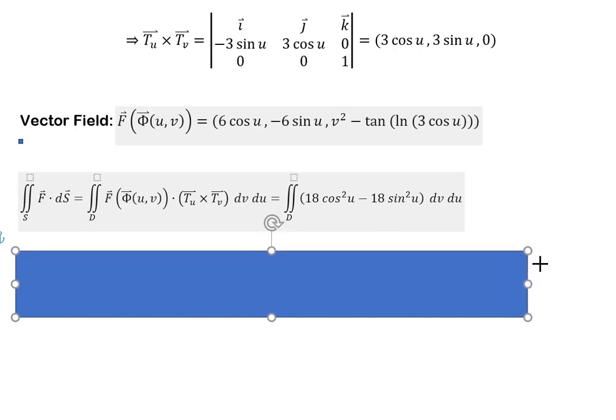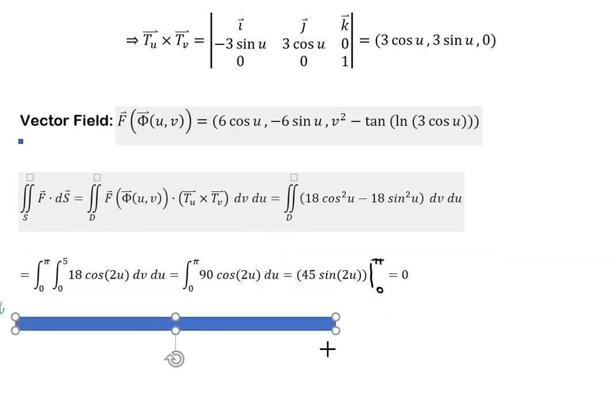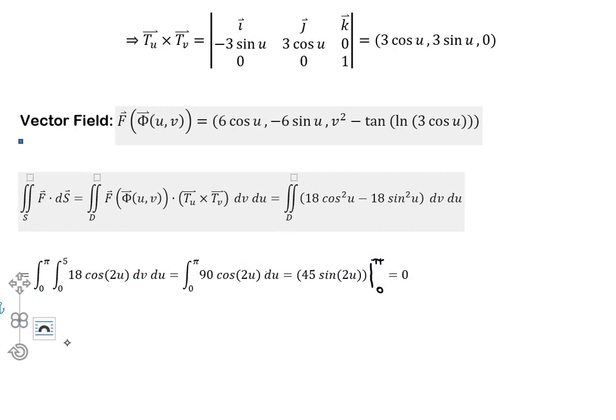Cosine squared u minus sine squared u is simply the cosine of 2u. So we have the double integral from 0 to pi and from 0 to 5 of 18 times the cosine of 2u dv du.